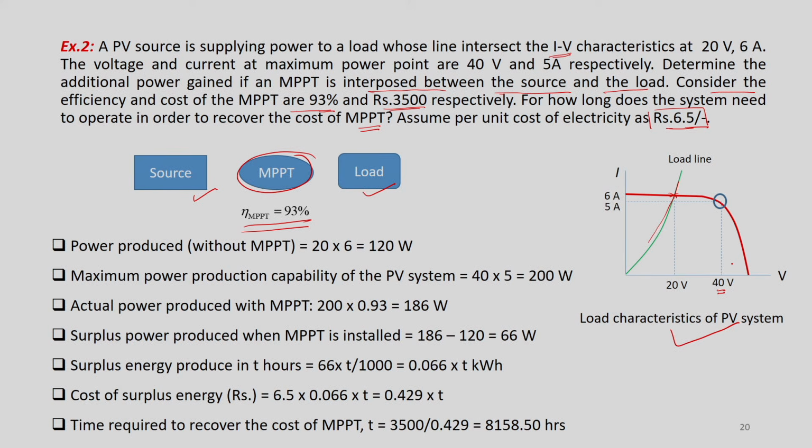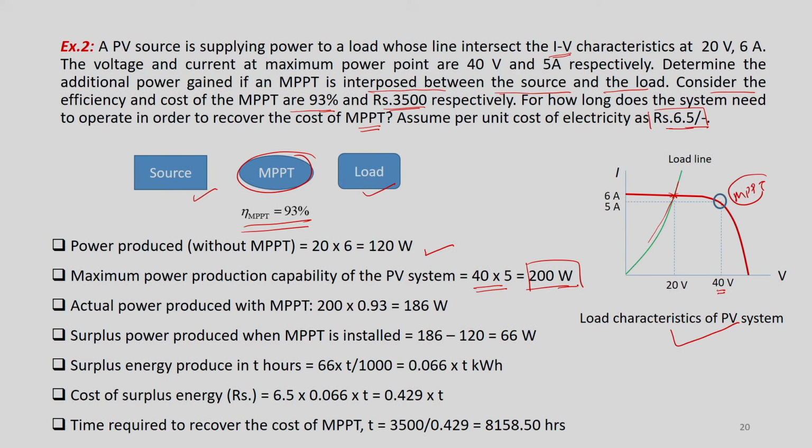Now, the power produced without MPPT, if we are not imposing any MPPT here, is at this point: 20 volt multiplied by 6 ampere, which is 120 watt. The maximum power production capability of the PV system is 40 volt into 5 ampere, so it will be 200 watt.